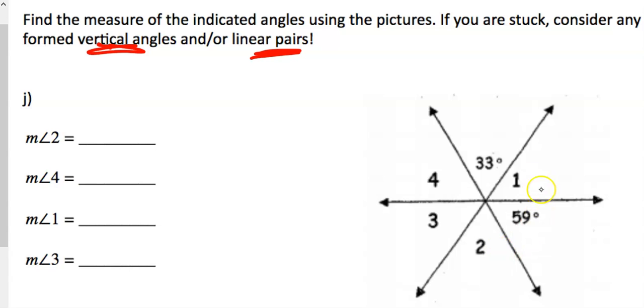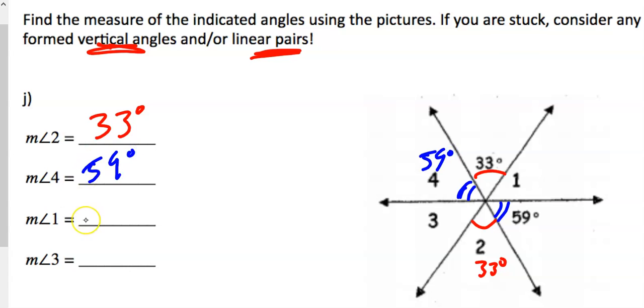And actually, to be honest with you, what I like to do is just start filling in my diagram, because I right away see that these two angles are vertical angles, so I know that's 33 degrees. But I also see again more opposite angles here. So I know if this is 59 degrees, 4 has to be 59 degrees.